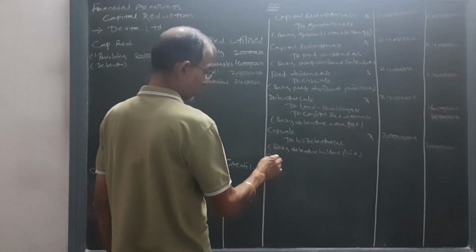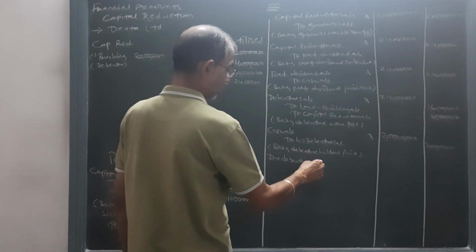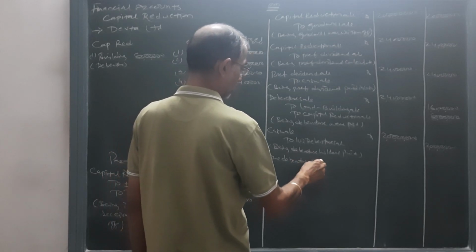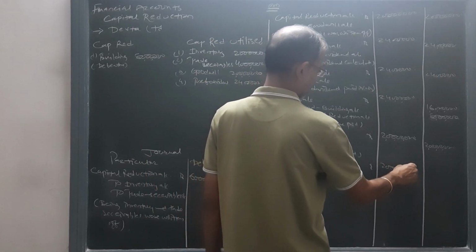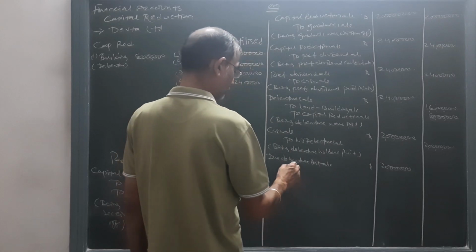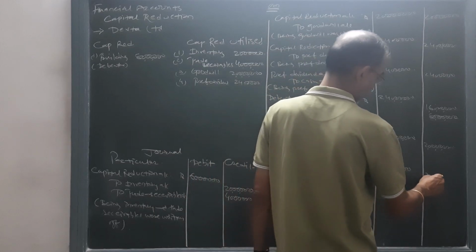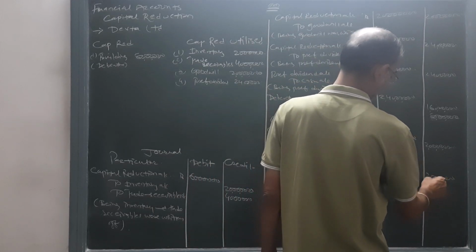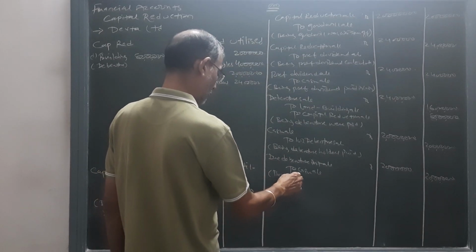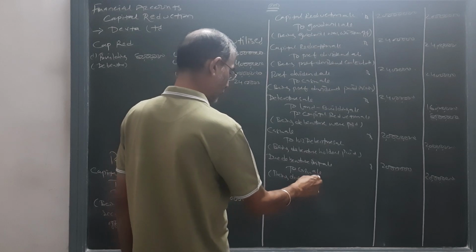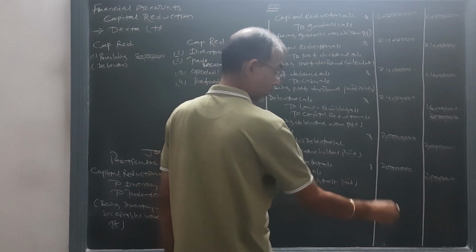So due debenture interest account debit 20 lakh to cash account, being due debenture interest paid.